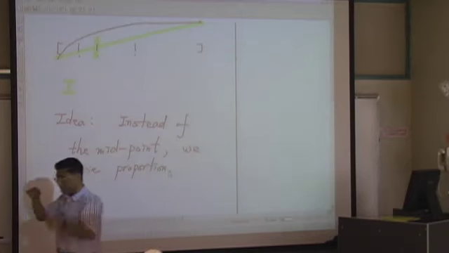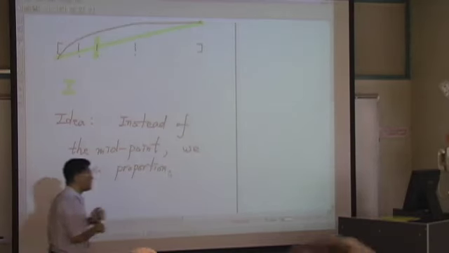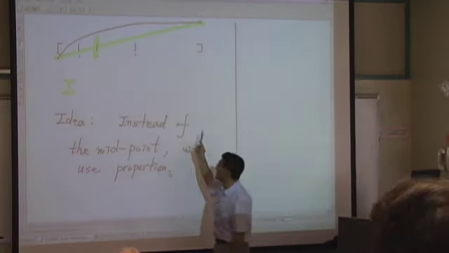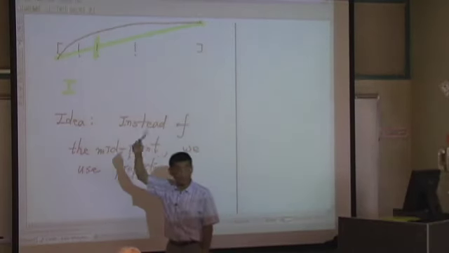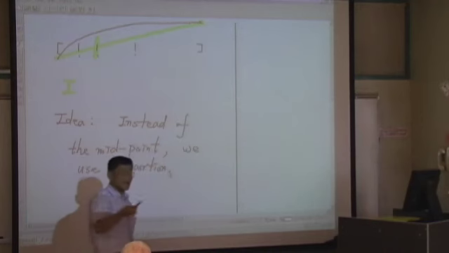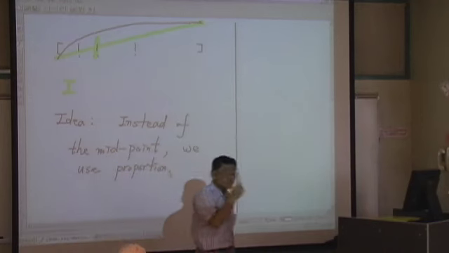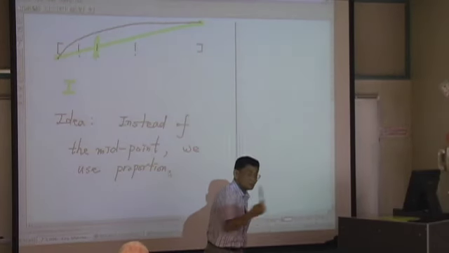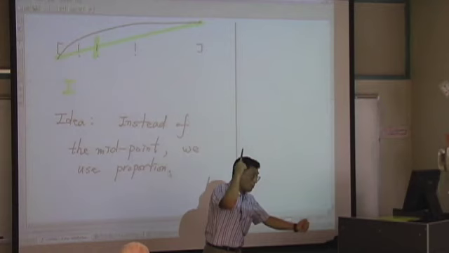And then we divide the interval unevenly, right? Unevenly. Then we may speed up the result, right? That's the goal. So idea-wise it is bisection, but it's not the middle point bisection. We go close to the proportion, right?